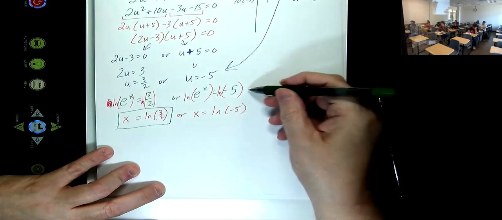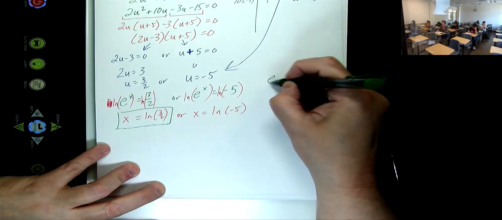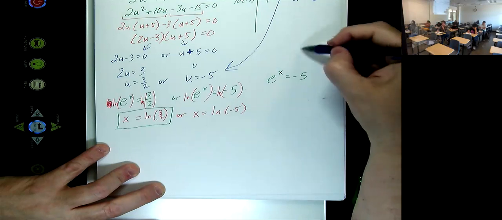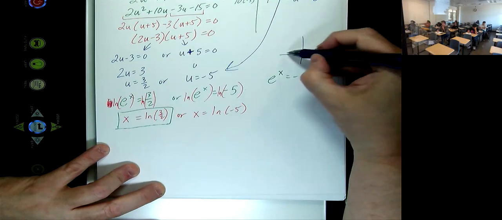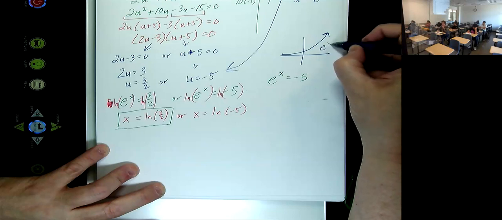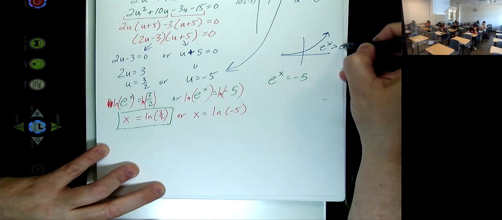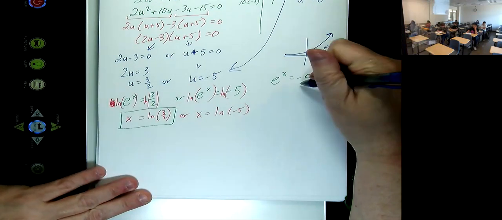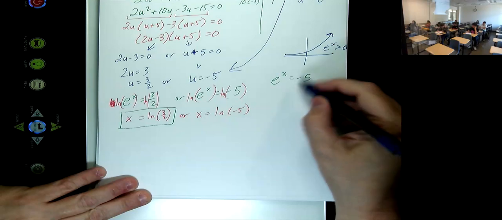And we could have seen this right here when we had e to the x equals negative 5. If you remember the graph of e to the x, it goes like this. It's always greater than 0. It's never even equal to 0. So this one doesn't meet greater than 0. That's out.